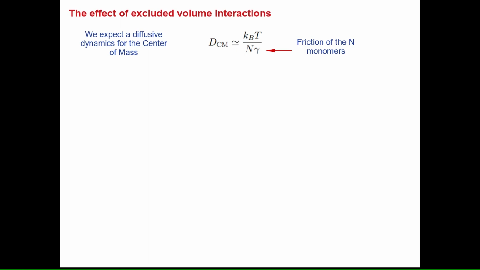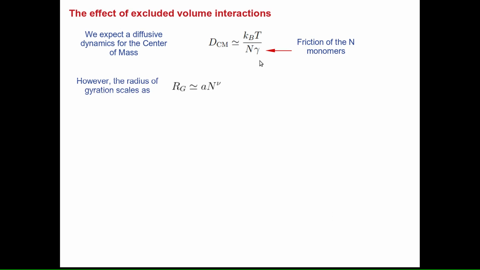So what do we expect when we have a real polymer and not an ideal polymer? What happens for the diffusion of, for instance, the center of mass? We will have the Einstein relation also in this case: k_BT divided by the total friction.